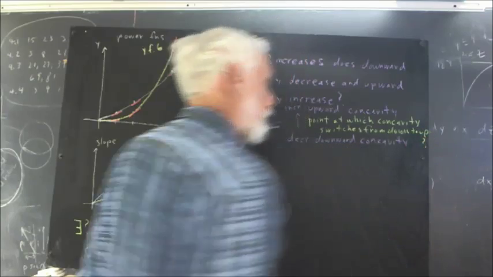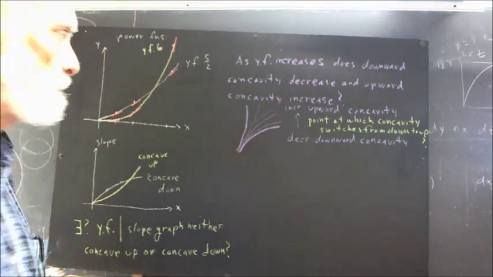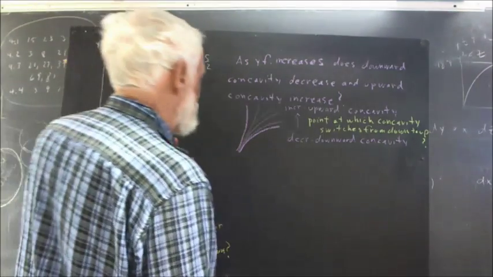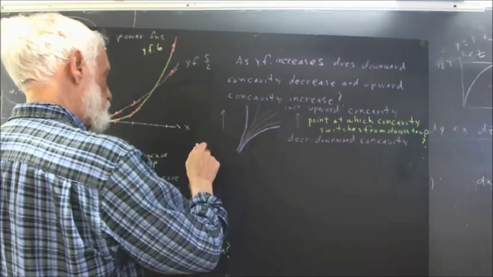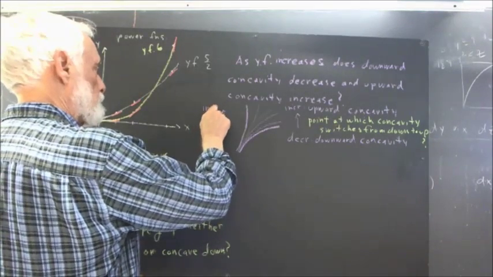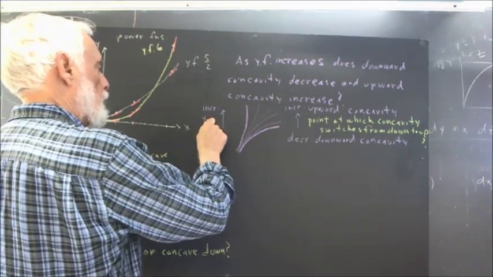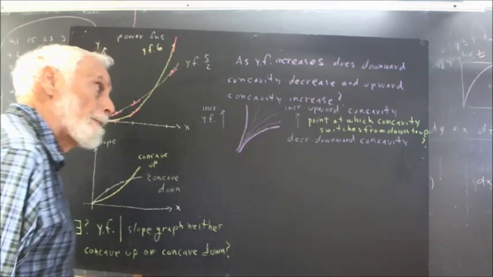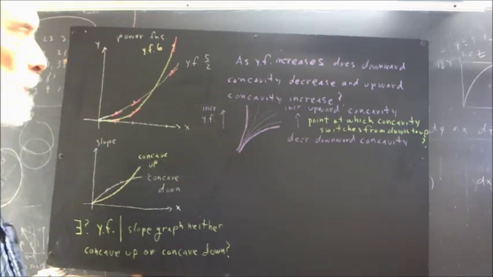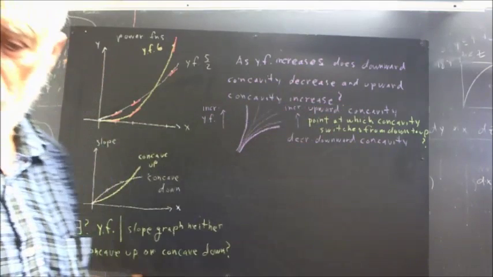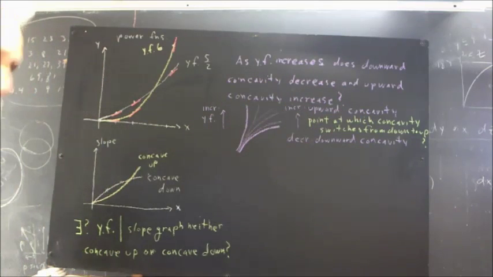Don't even have room for my question mark, okay? Assuming, of course, that this is increasing y factor, and this represents the slope graph. I don't have room to write all that in, but let's let that be understood.